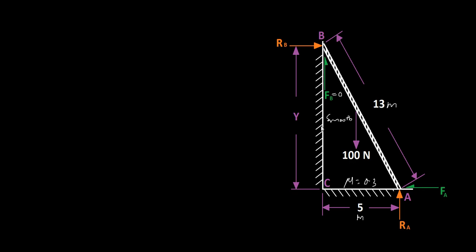If it's a smooth surface, obviously you won't have any friction, but if it's a rough surface, you will have a coefficient of friction, and your frictional force will be, as I said earlier on, force equal to mu into reactional force. Now for the equilibrium of this system, you see the total force acting downward is 100 Newton, and for vertical equilibrium you have 100 Newton acting downward.